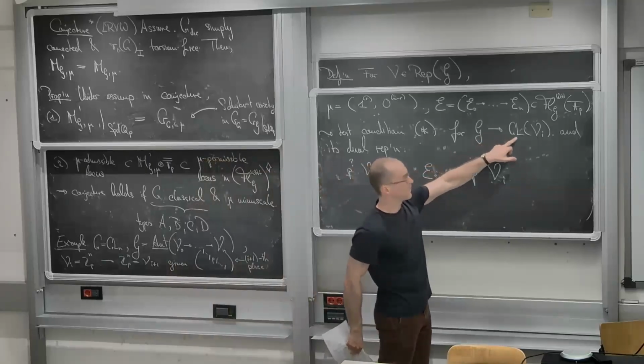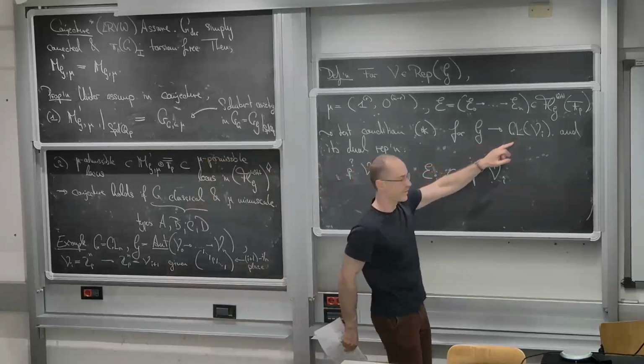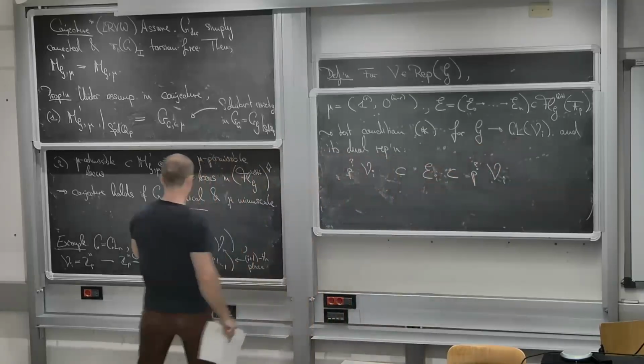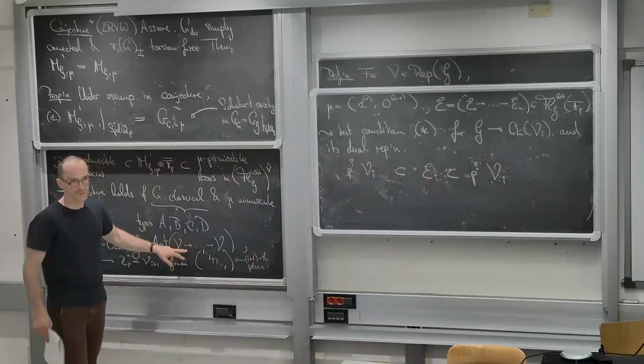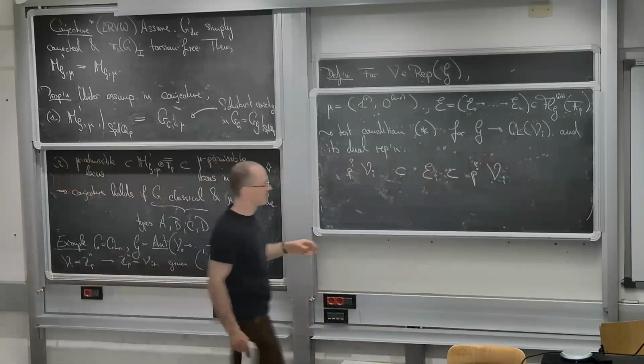Generically, this map here is simply an isomorphism, simply because generically all the transition maps in this chain are isomorphisms and nothing happens.